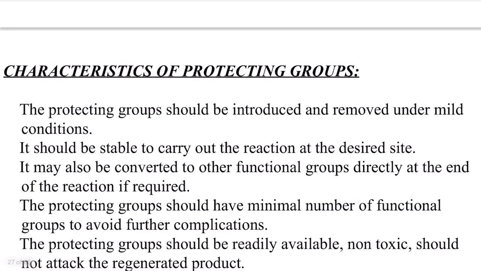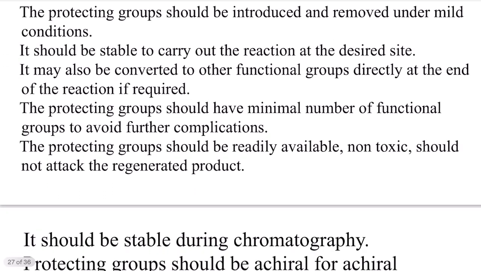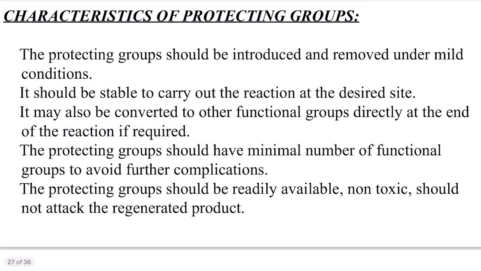So let us see the characteristics of protecting groups. The protecting group should be introduced and removed under mild conditions. So the reaction should be a milder one, that is, the condition should be mild enough. And the protecting group should be stable to carry out the reaction at the desired site, and it may also be converted to other functional groups directly at the end of the reaction if required.